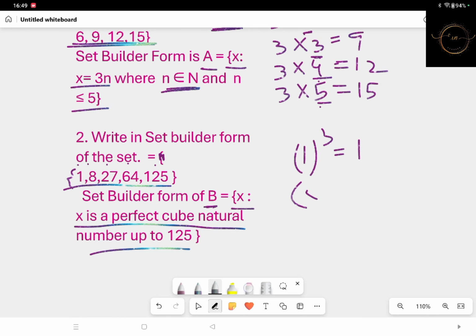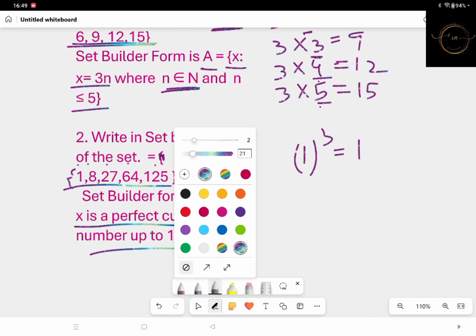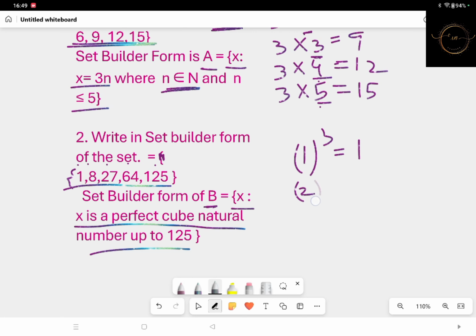Again, 2 cube equals 8. Again 3 cube is 27, in this way it's going, up to 5 cube, that is 125.